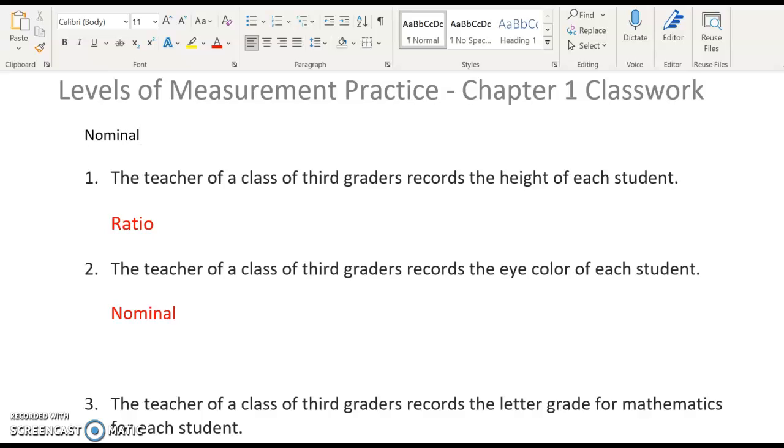Remember, we have nominal, and then we have ordinal, I skipped, then interval, and then ratio.